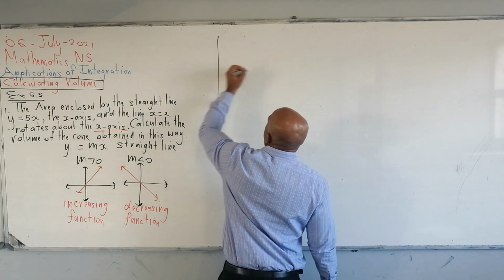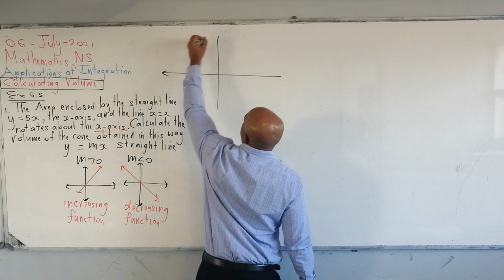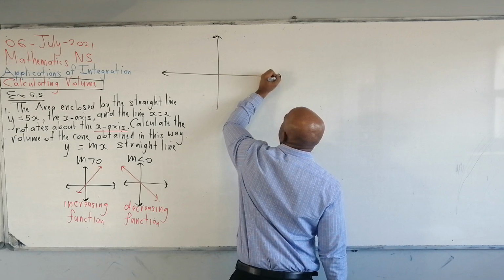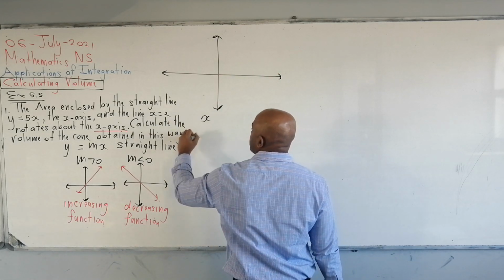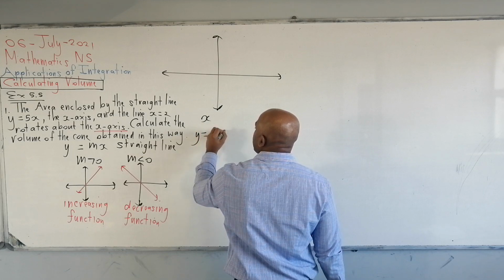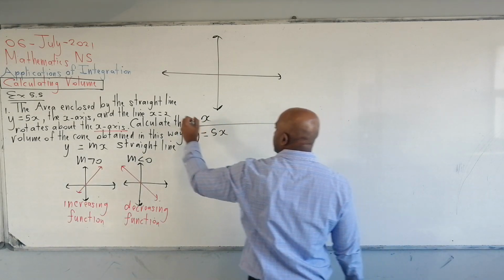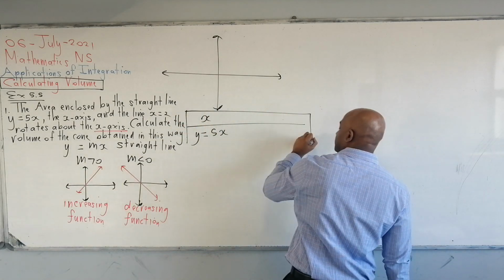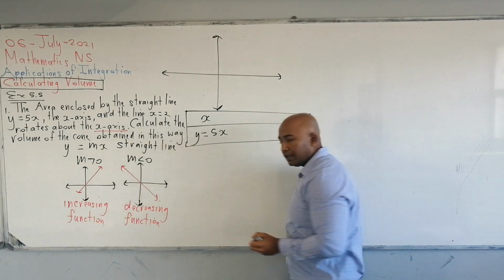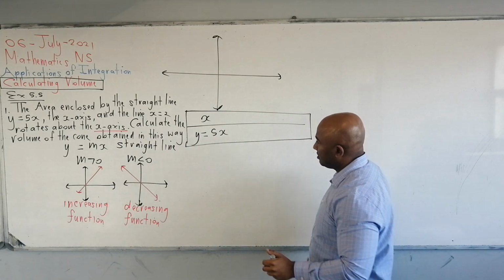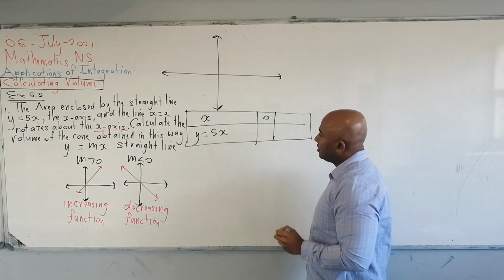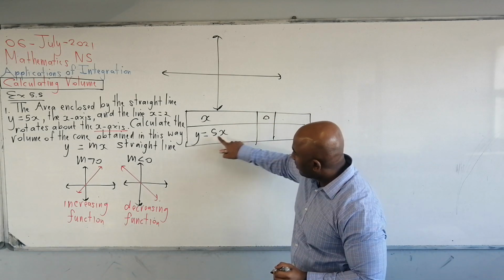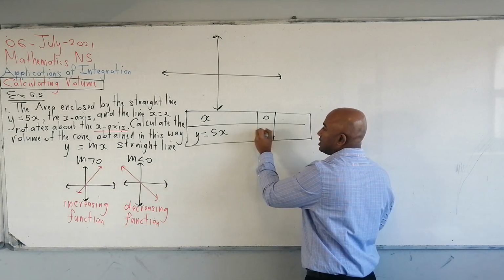So let's do this graph. Let's sketch it properly. Let's take some values here. x, y is equal to 5x. So you can use a table. You can start with 0. When x is equal to 0, y is equal to 5 times 0, which is 0.